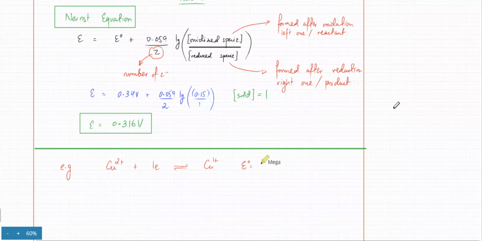So the E naught is 0.15 volts. And in your solution, the concentration is 0.02 mole per dm cube for this, and it's 0.08 mole per dm cube for this.